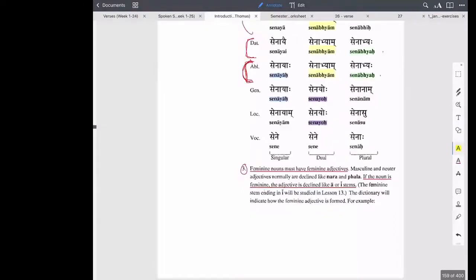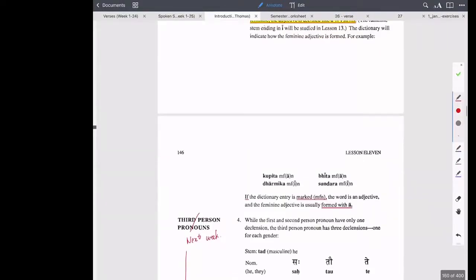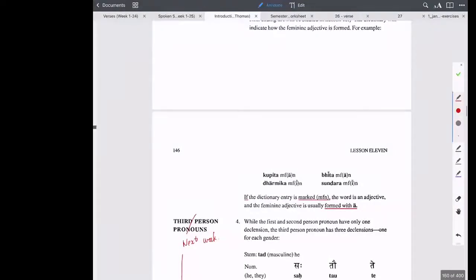Agachasi. Feminine nouns must have feminine adjectives. If the noun is feminine, the adjective is declined like a or e. In the dictionary, if you look up the word kupita right now, you're going to see m, f, n, without the a there.